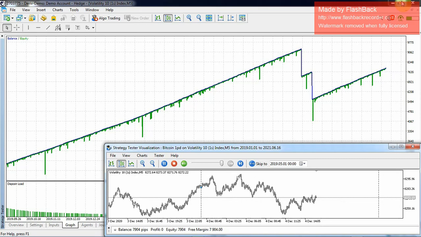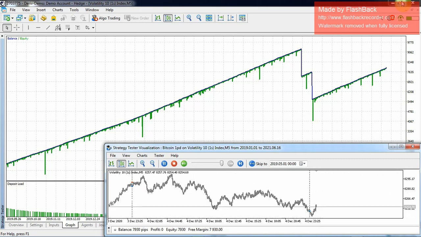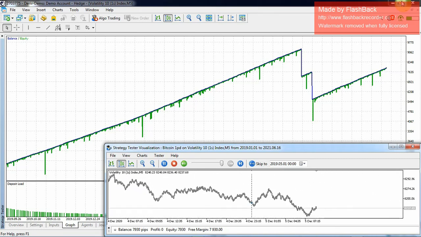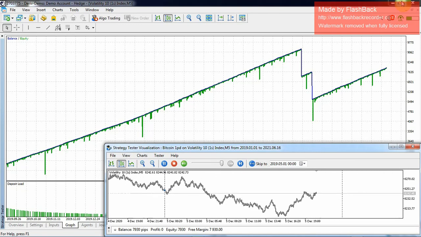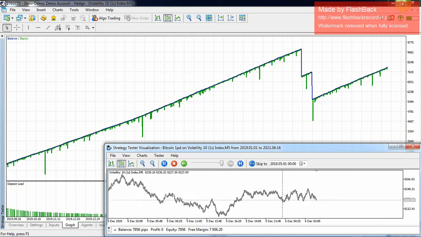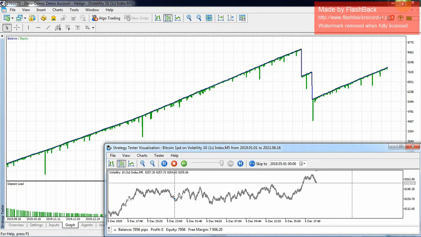December 4th. The robot is on its way now to recover this other loss.